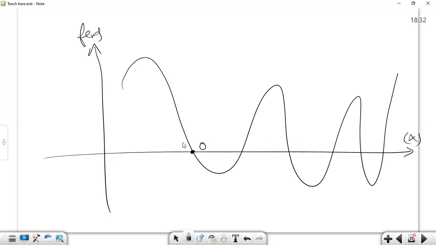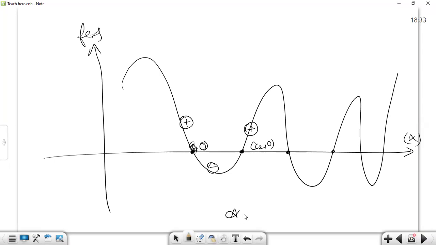Whenever f of x becomes zero, whatever the sign of f of x was earlier, here it was positive, it will become negative after zero. Let us say this is a critical point, this is another critical point. Here also the function becomes zero, and the sign earlier was negative, now it will become positive. Same goes for here, right? Understood?